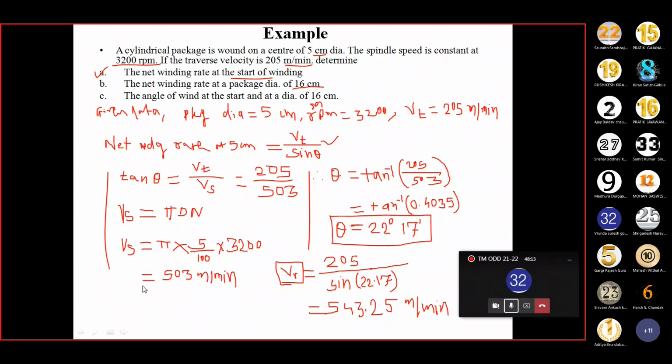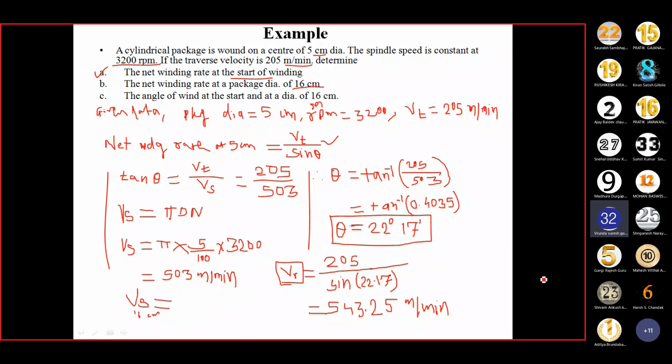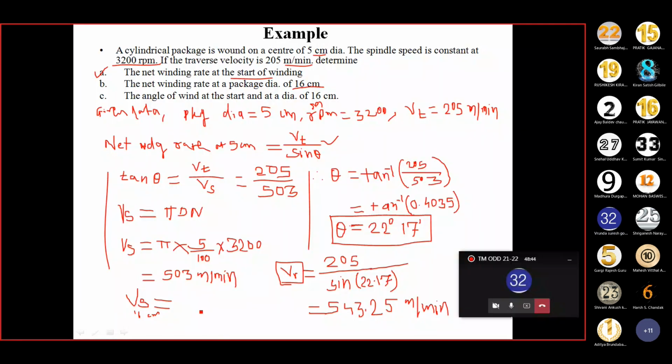For Vs, how much Vs did you get? 1607.68 meters per minute.